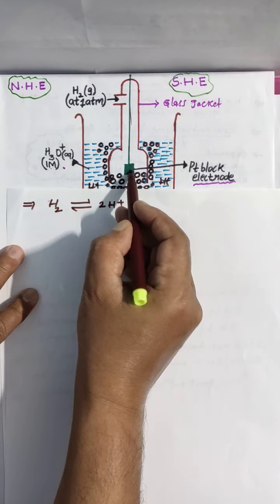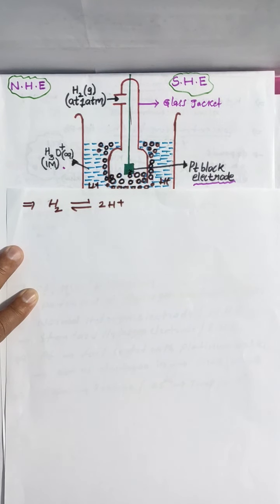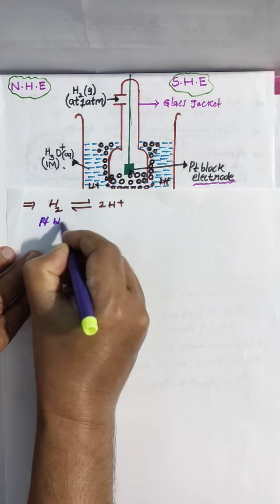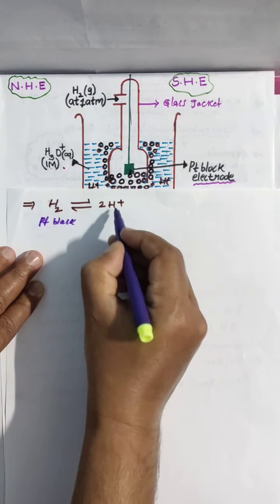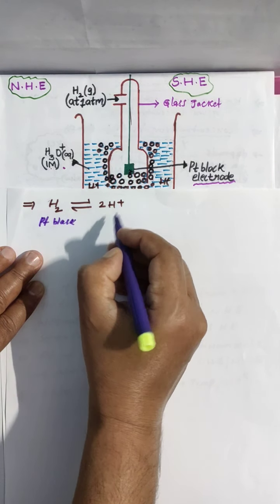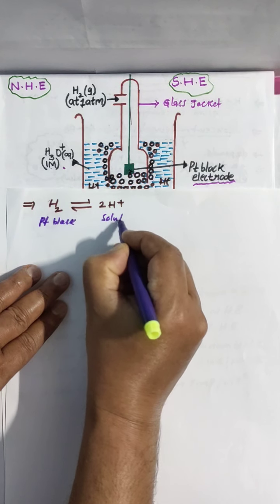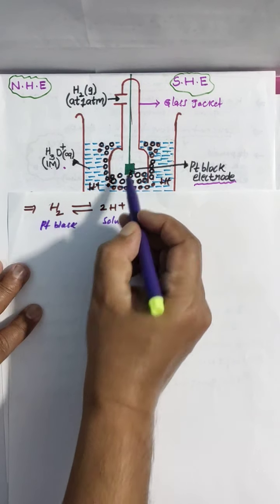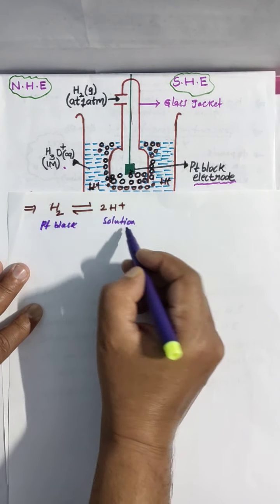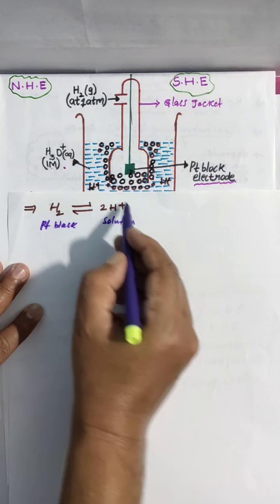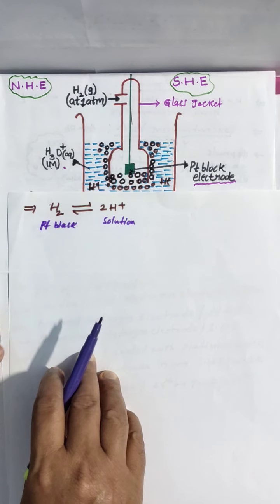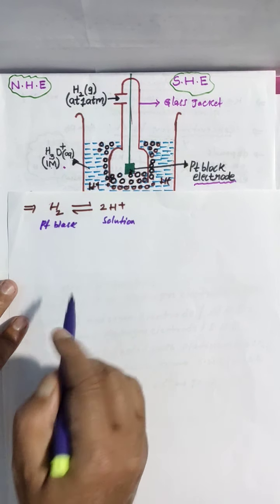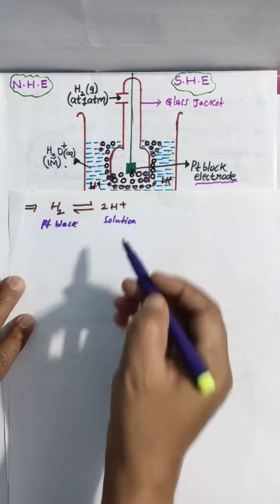H2 gas is present on platinum black and H plus ions are present in the solution. So an equilibrium reaction takes place, means oxidation and reduction, loss of electron and gain of electron.